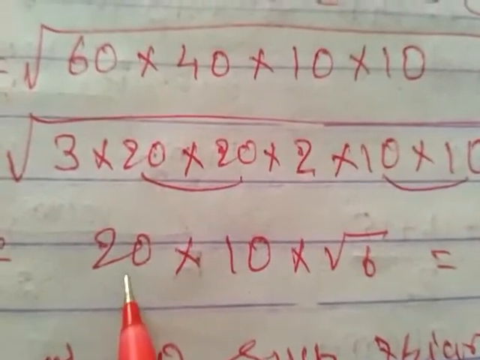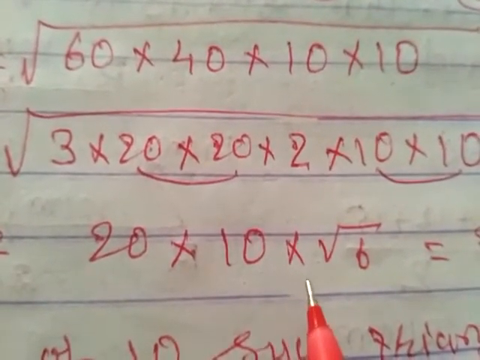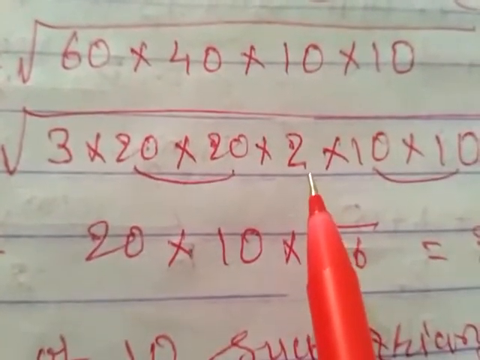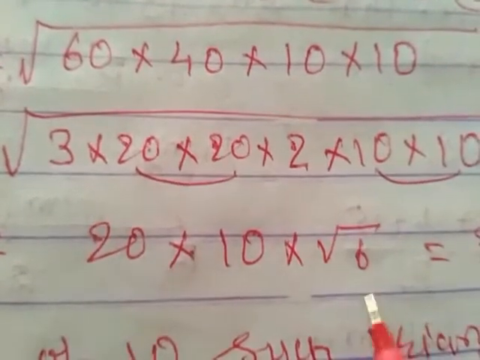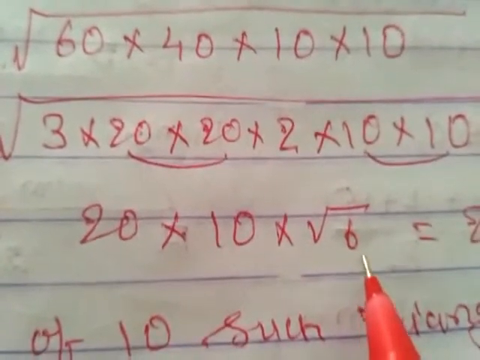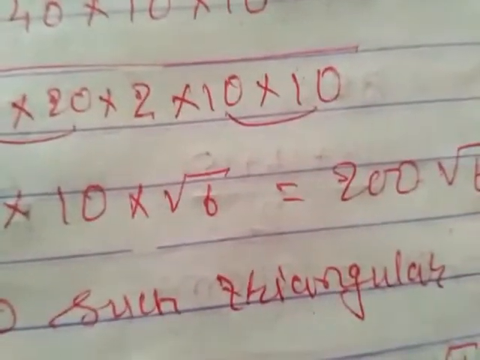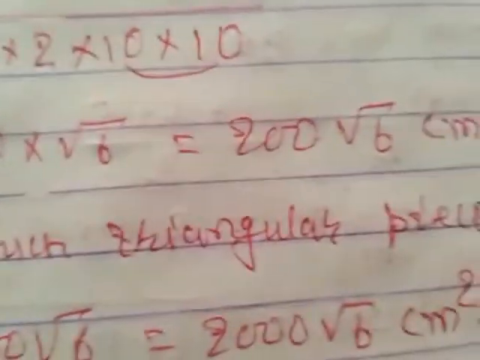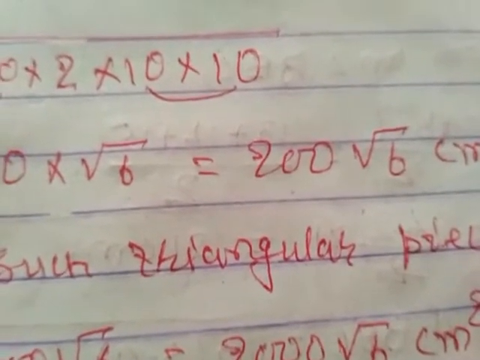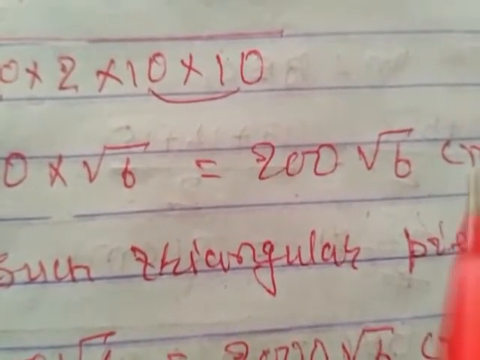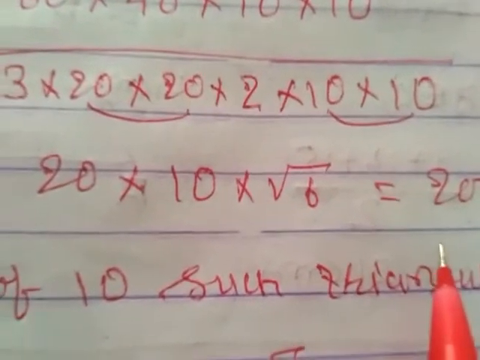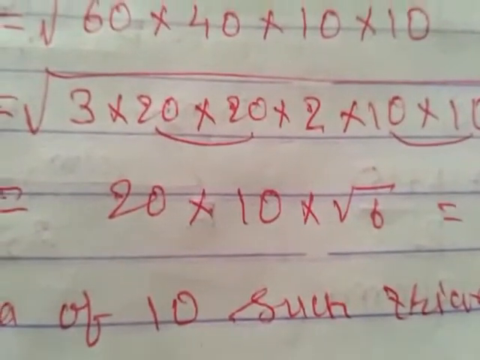Now 3 and 2 are not in a pair, so they will be under the square root. Their product 3 and 2 will become 6. So finally we have 20 into 10, that is 200 root 6 centimeter square is the area of each triangular piece of the cloth.